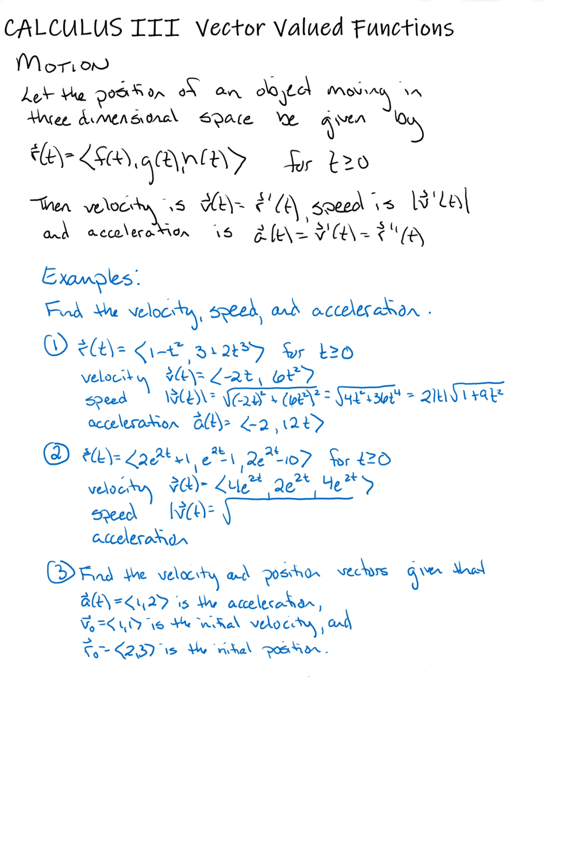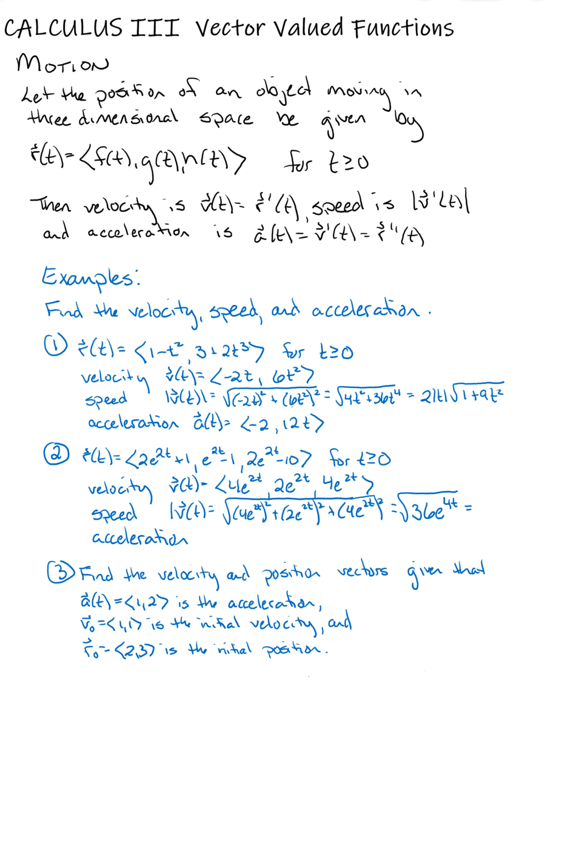So the speed is the square root of 4e to the 2t squared plus 2e to the 2t squared plus 4e to the 2t squared, which is, what do we get? 16 and 16, put it all together, we get 36e to the 4t.